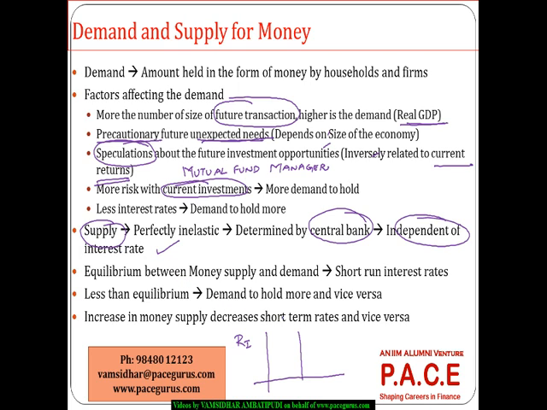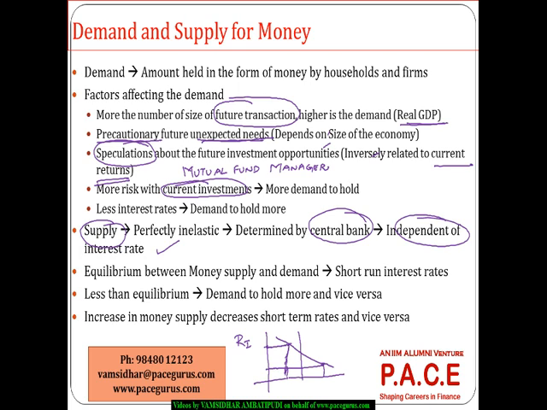And we typically see the demand curve is downward sloping, because if the interest rates are much lesser, the demand to hold money is much higher, because there's no point in depositing, we are not going to get any better returns out of it. But as the interest rates are higher, the demand to hold money is much lesser, they would like to deposit more and more.